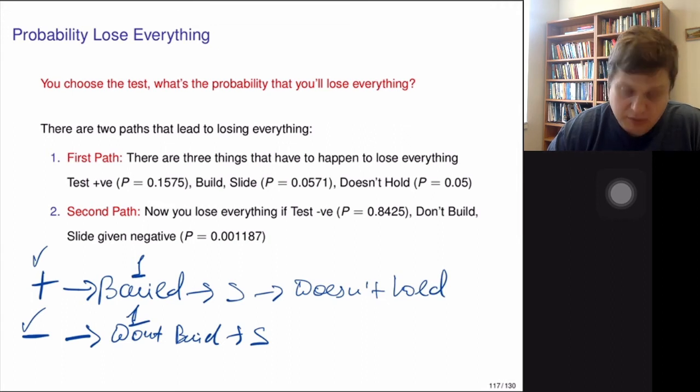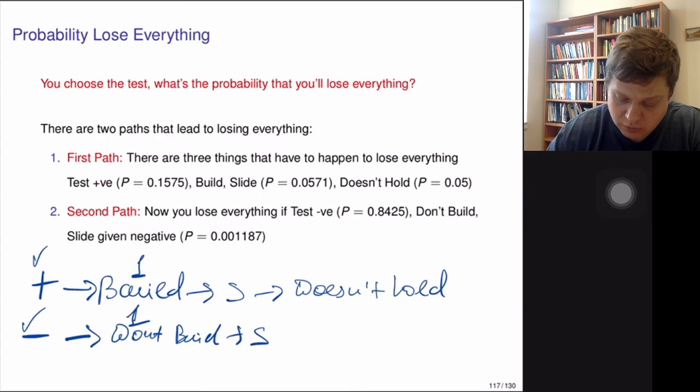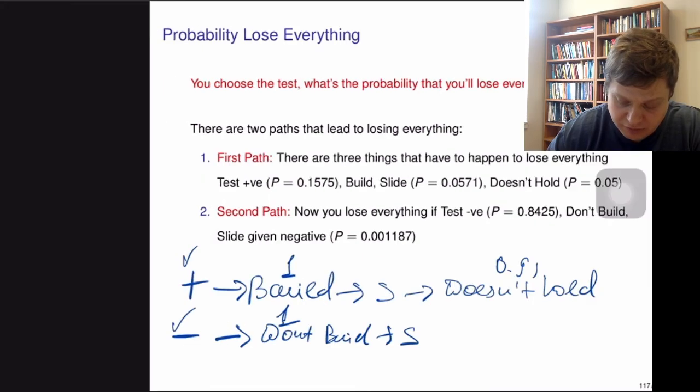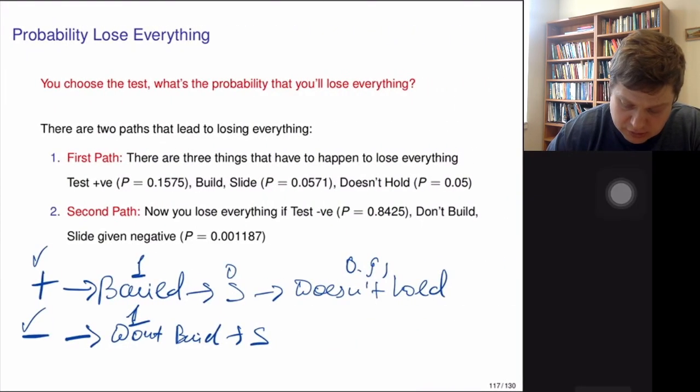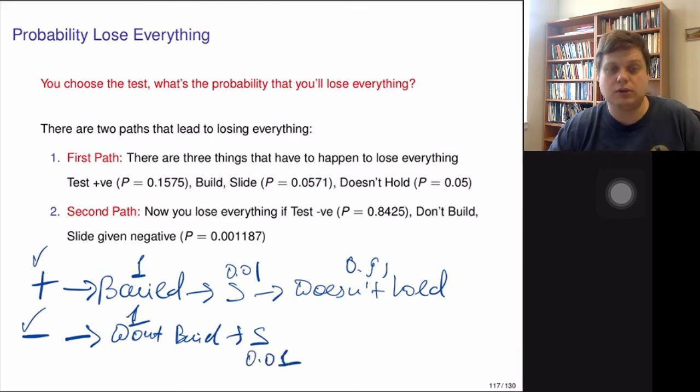And we know the probability of slide happening, and we also know the probability of wall doesn't hold if wall is not holding. So this is 0.95. This is 0.01. The same here, 0.01. So we can calculate total probability associated with each of those paths.